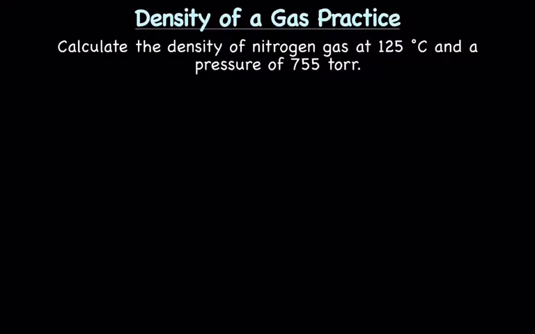So our first problem is calculate the density of nitrogen gas at 125 degrees Celsius and a pressure of 755 torr. So reading this question, it looks like we're only given one of each type of variable, right?